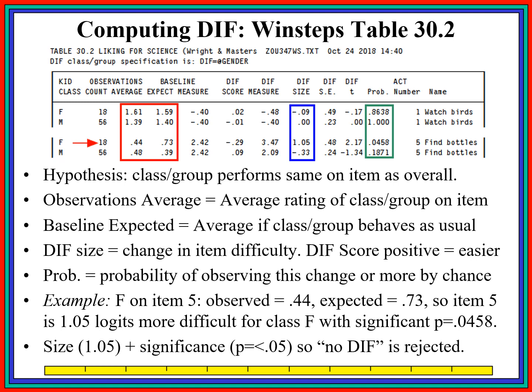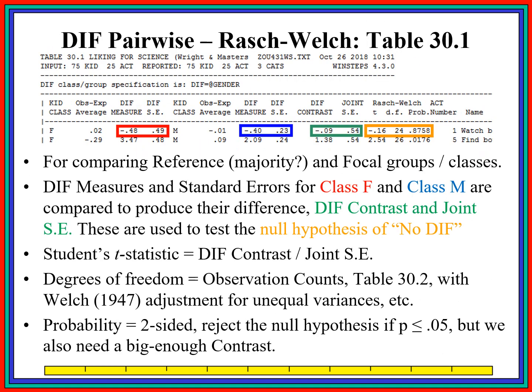Now, another way of looking at this. We've been looking in this table, table 30.2, at the performance of the group against the performance of everyone. But what if we want to compare the performance of the boys and the performance of the girls? Of course, we can also contrast the males and the females directly.